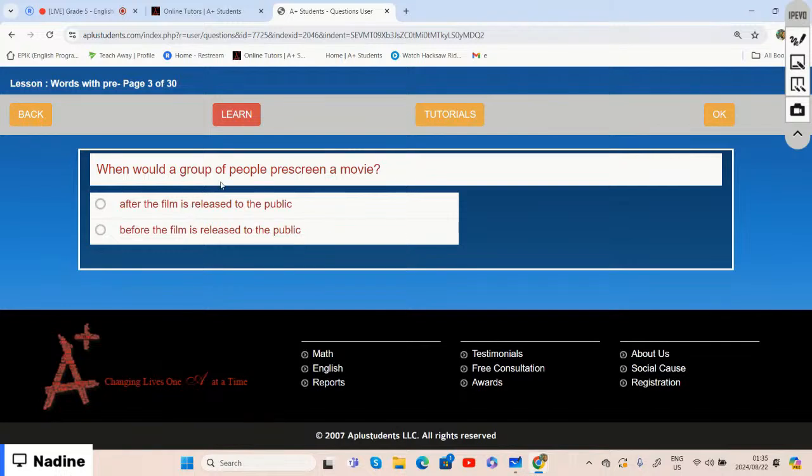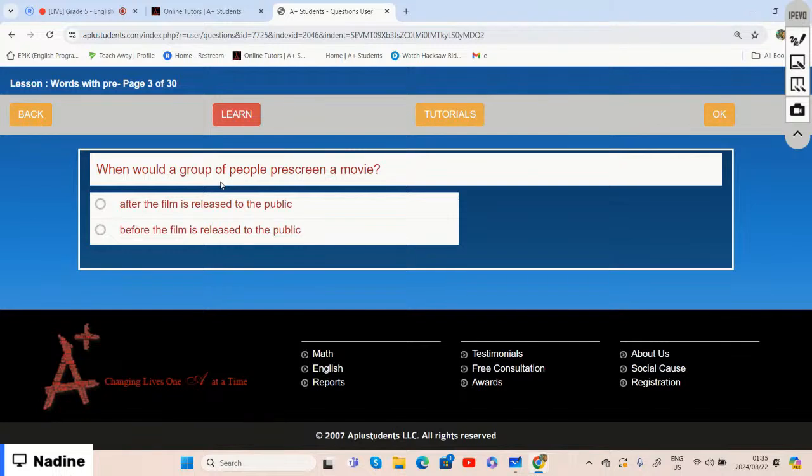All right. What is pre-screen? Let's say, for example, they're about to play a movie, right? Because they have already made the movie and everything.